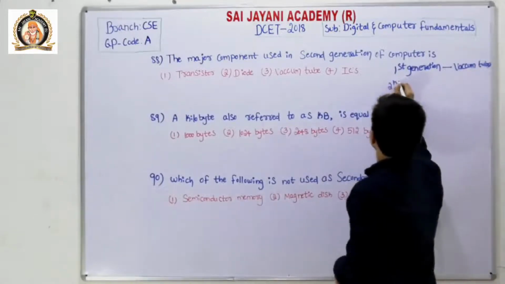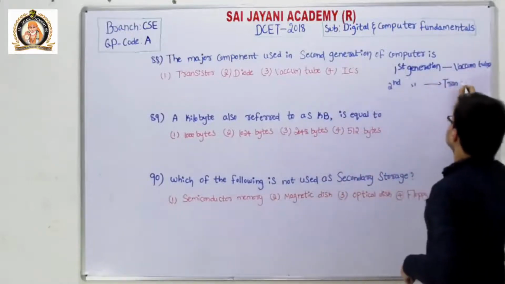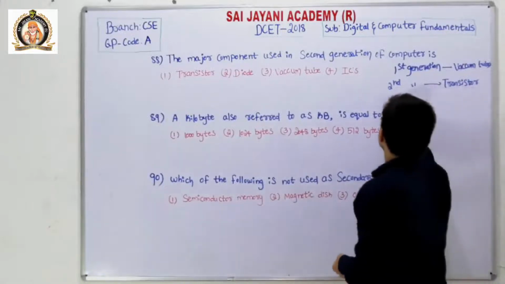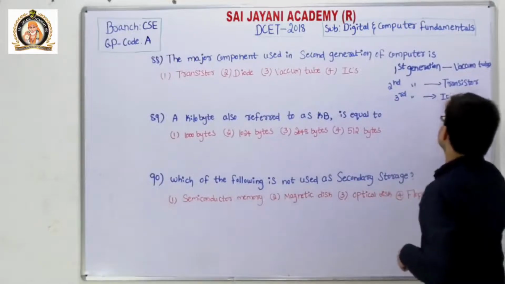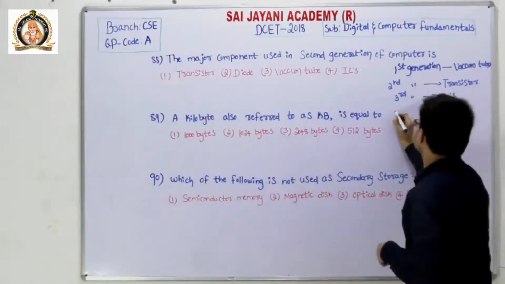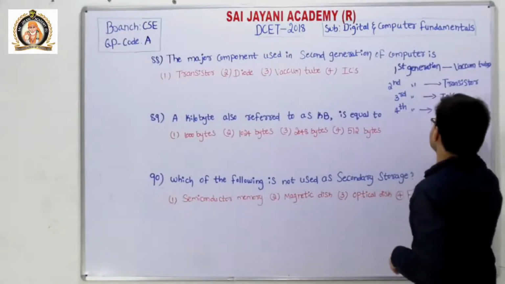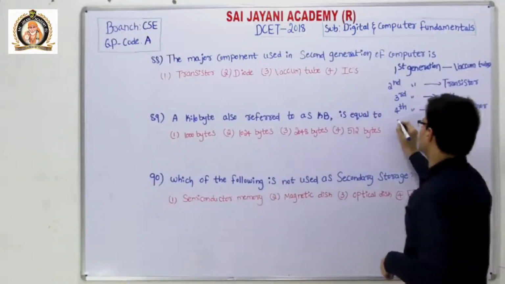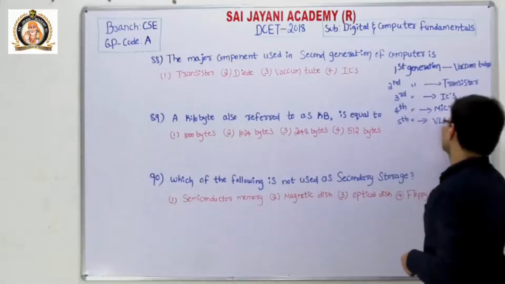Similarly, second generation computers were built by using transistor technology. Third generation computers were built by using integrated circuit technologies, ICs. Fourth generation computers were built by using microprocessor technology. Fifth generation computers were built by using VLSI technology.